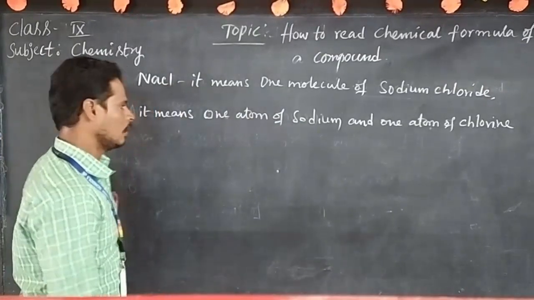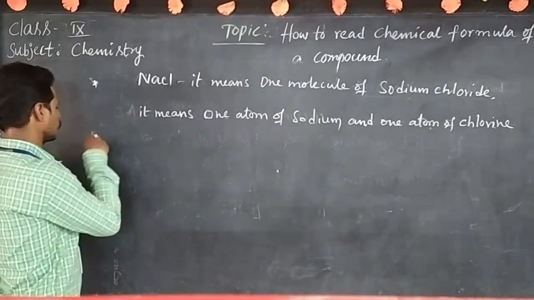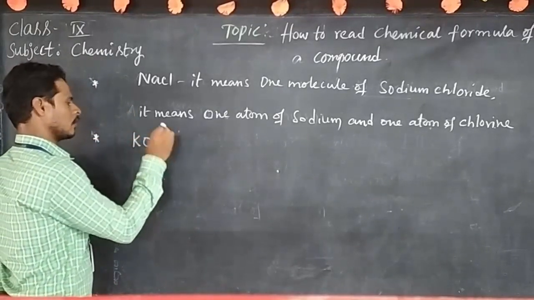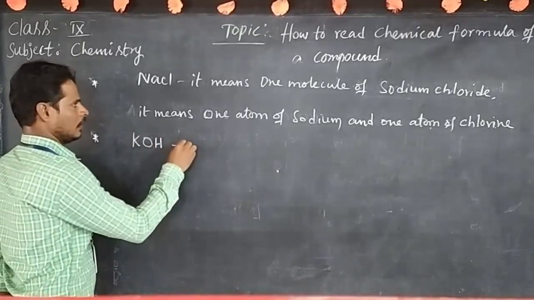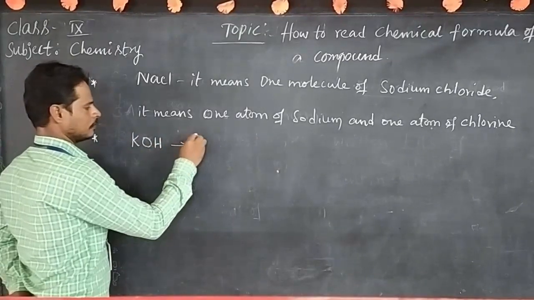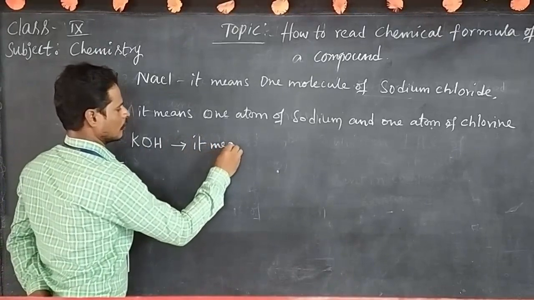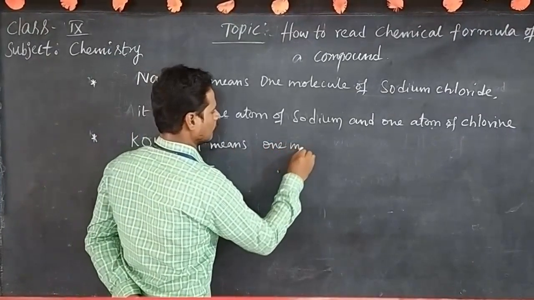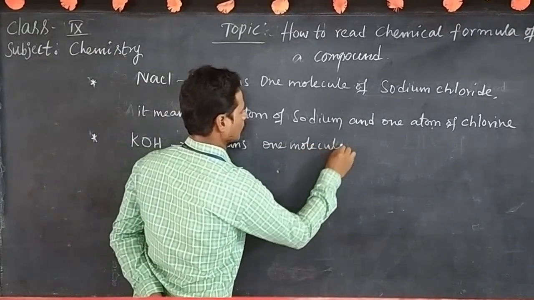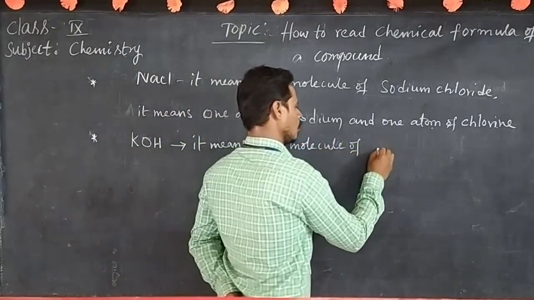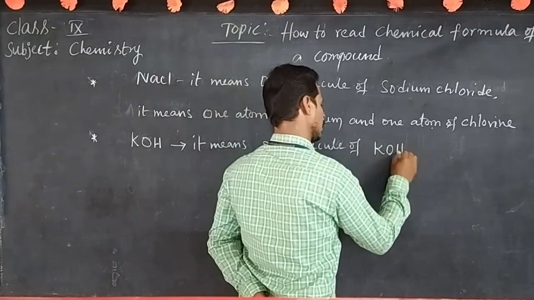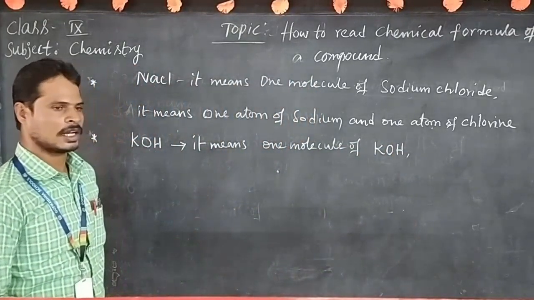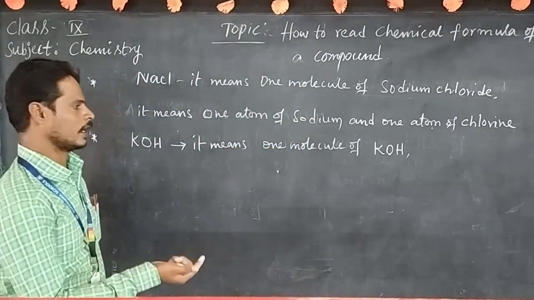Next, another example. Potassium hydroxide. It means 1 molecule of potassium hydroxide. But here, 1 molecule of potassium hydroxide contains how many atoms?